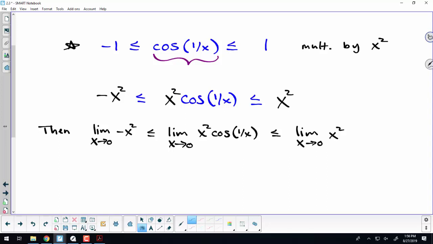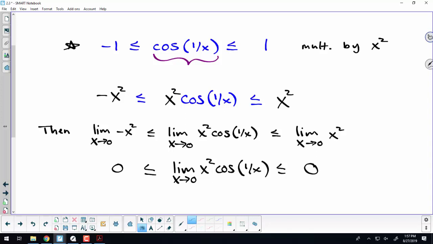So what is the limit as x approaches 0 of negative x squared? 0. Less than or equal to, we're unsure of this limit, so we're just going to leave it as it is. And the limit on the far right, as x goes to 0, x squared goes to 0 as well.